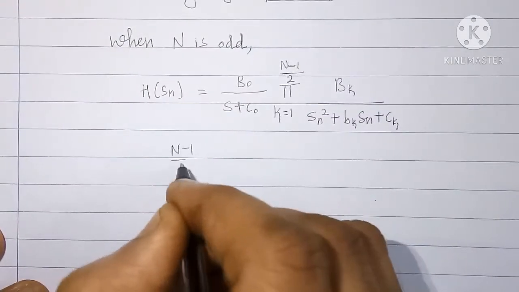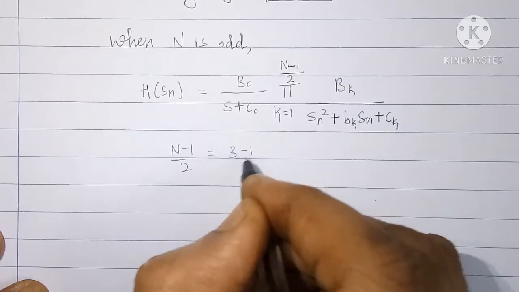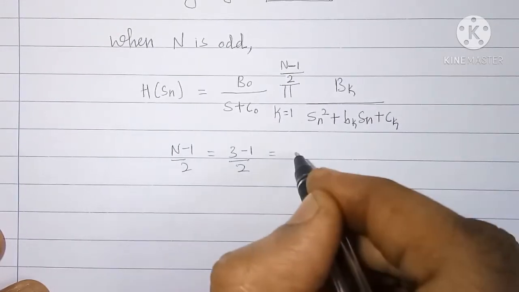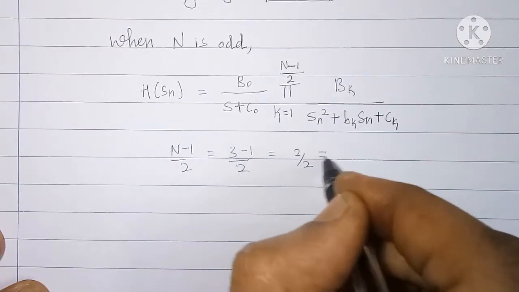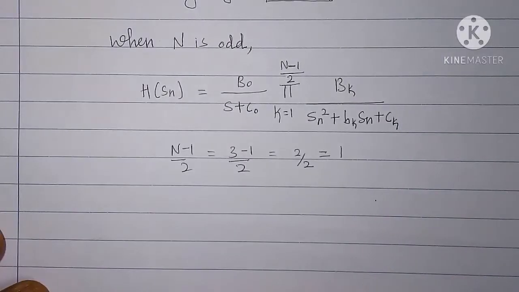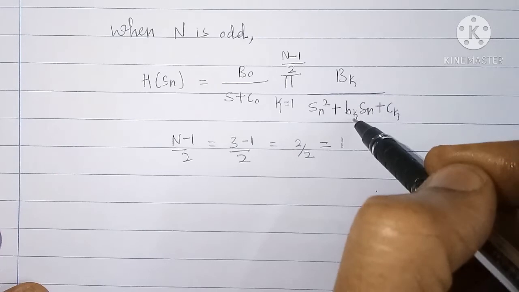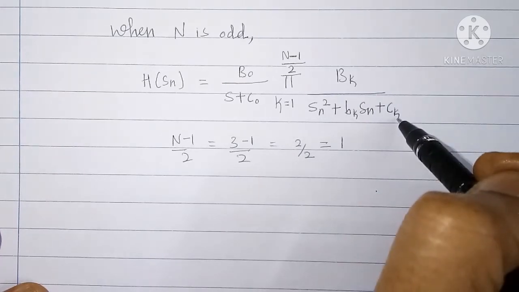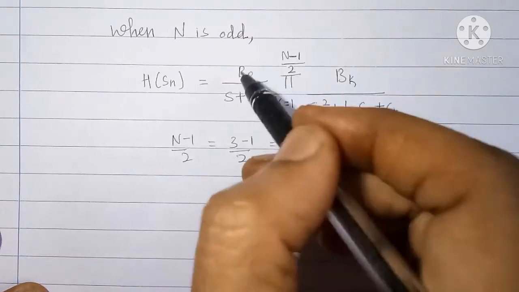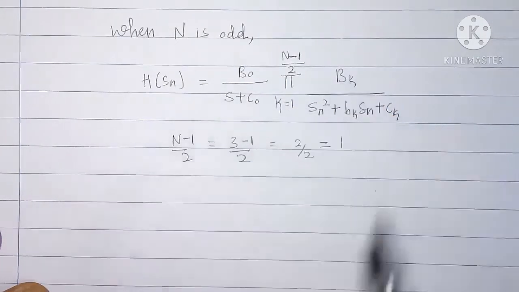Here (n minus 1) by 2 is (3 minus 1) by 2, that is 2 by 2 equal to 1. So we will have here capital B1, small b1, small c1, and B0, c0.